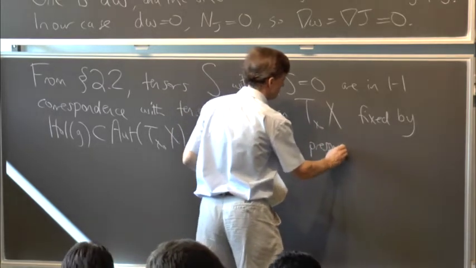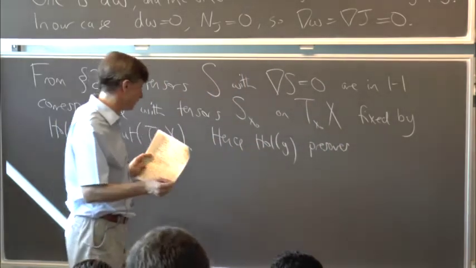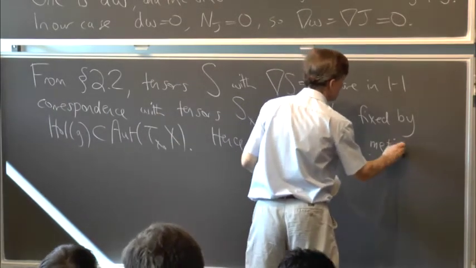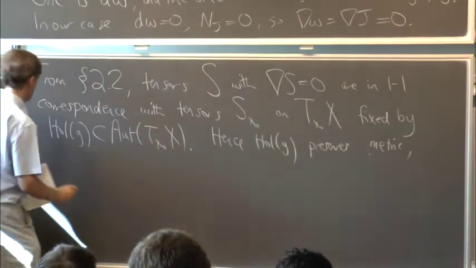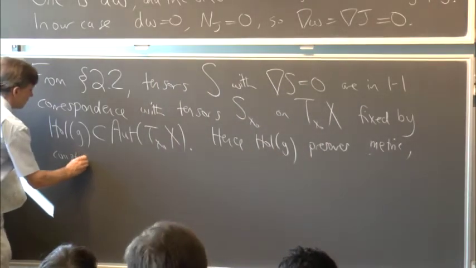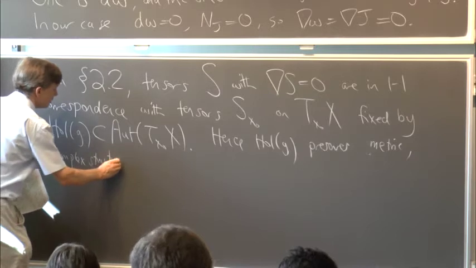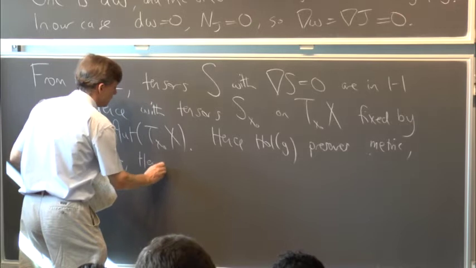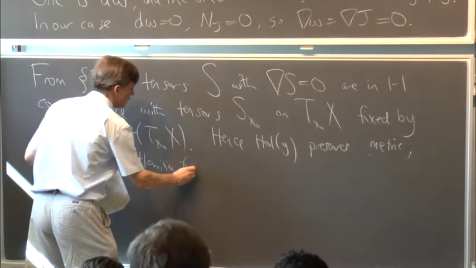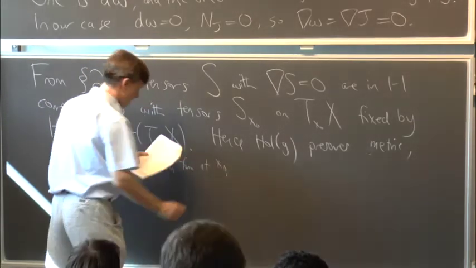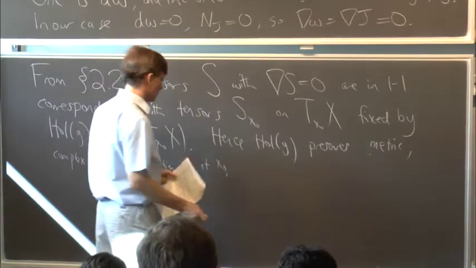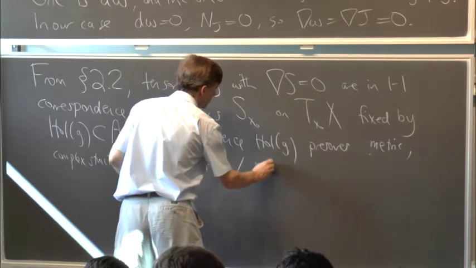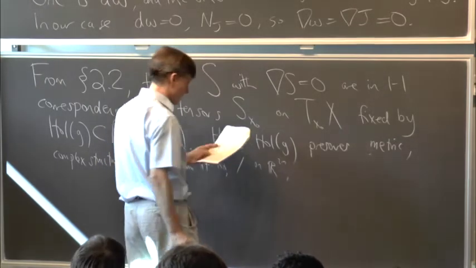preserves, well, we know it preserves the metric g, it preserves basically a metric and a complex structure and the Hermitian form, or the Kähler form, at x0, or, if you like, on R^2m.